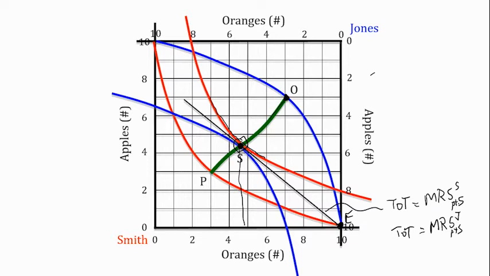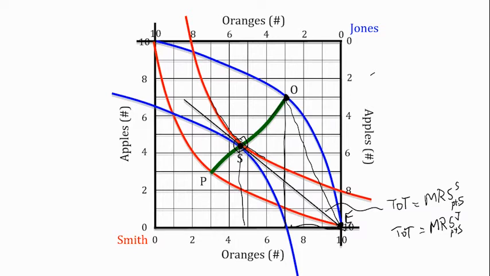Okay, if they traded to point O, the terms of trade is going to be given by the slope of the line that's connecting the endowment point E to the point O. It's going to be what? 7 apples divided by 3 oranges. It's going to be 7 over 3.